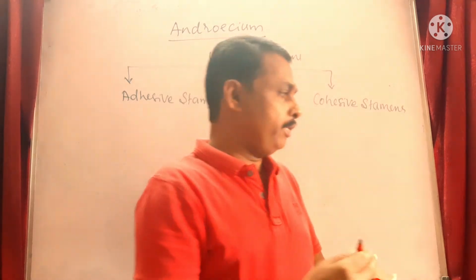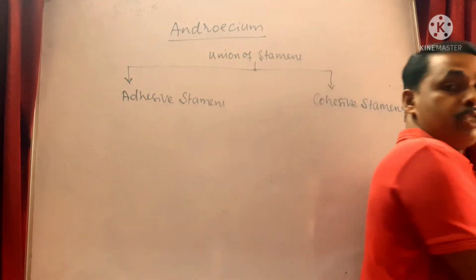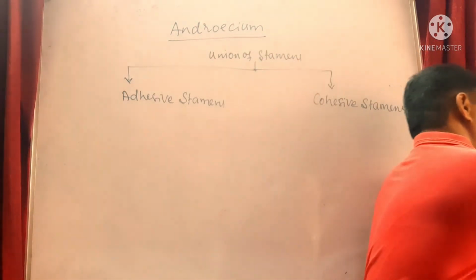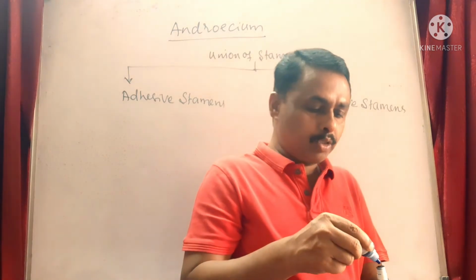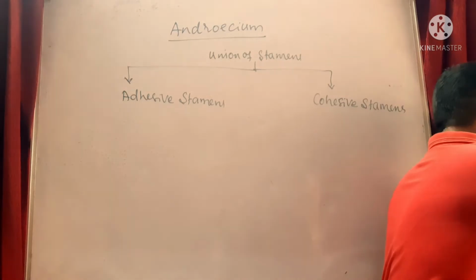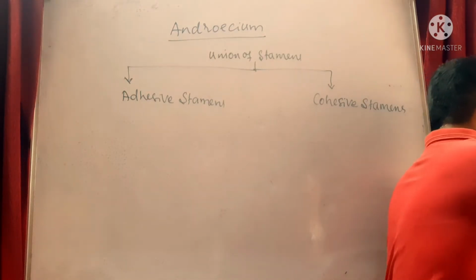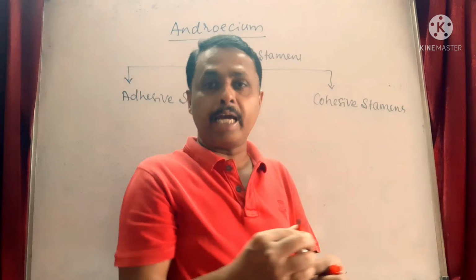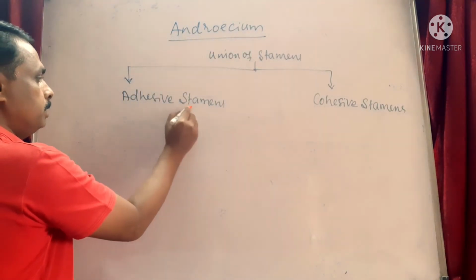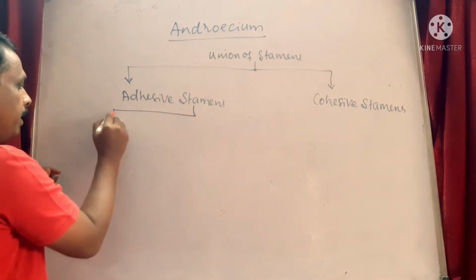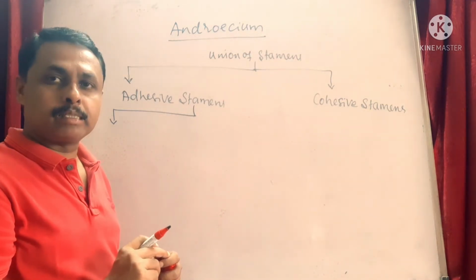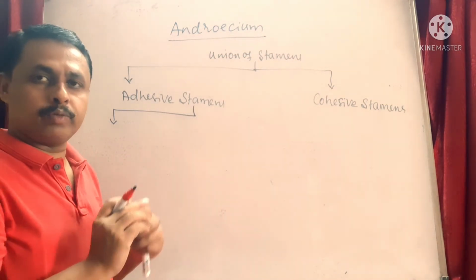So based on this, we can describe the first one, which is called adhesive. See, based on this adhesion of stamens, we can have different types again. What are the different types of adhesion? Let us look here. One is if the stamens are attached to petals, meaning corolla. The corolla is composed of petals, right?